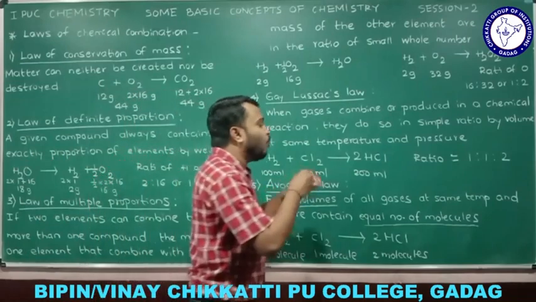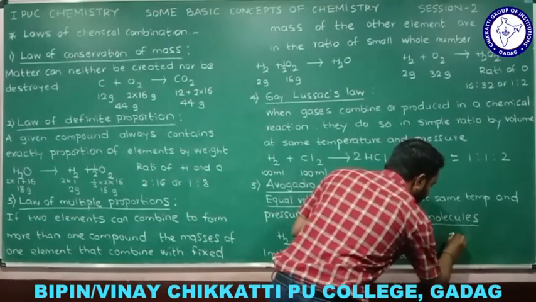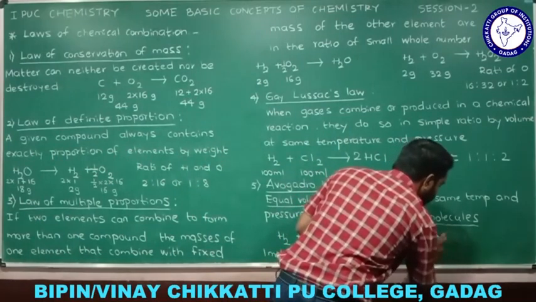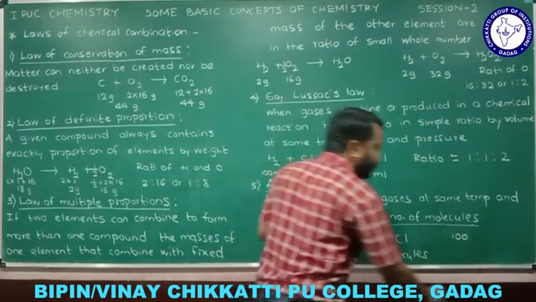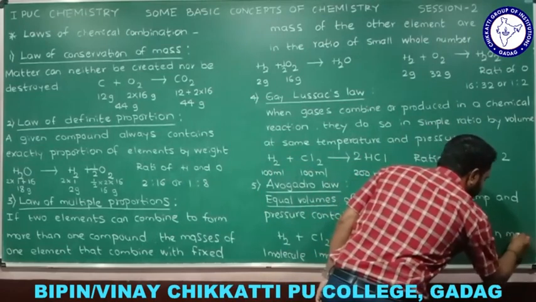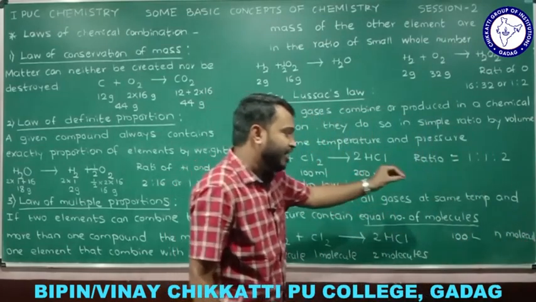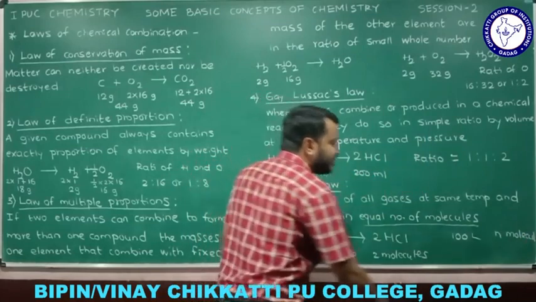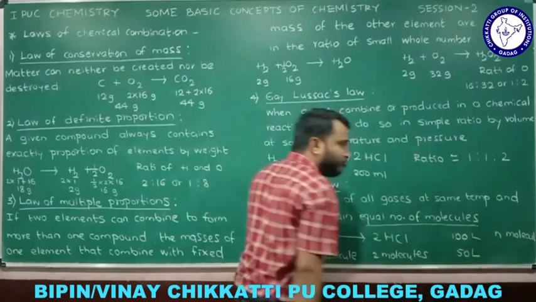One more sense I can see here. If we have 100 liters of gas and let us assume n molecules here, and if I transfer it into 50 liters, what would be the number of molecules?